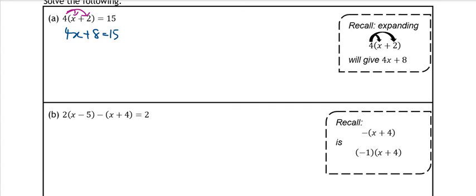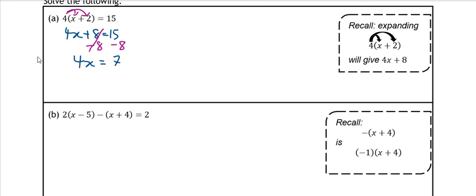So apply the equality rule, subtract 8 on both sides. So 8 is cancelled. So 4x equals 15 minus 8, and 15 minus 8 will give you 7. So next, 4x equals 7.